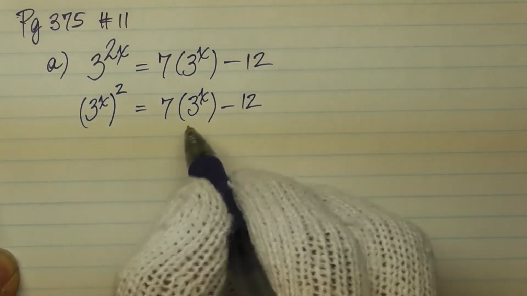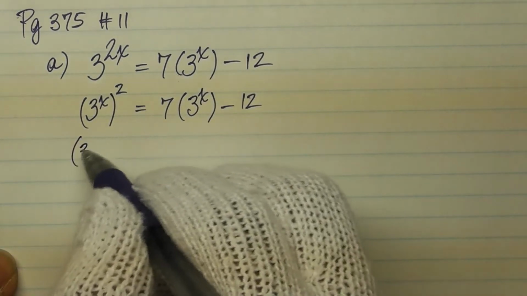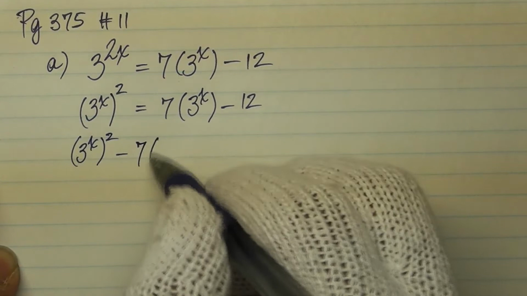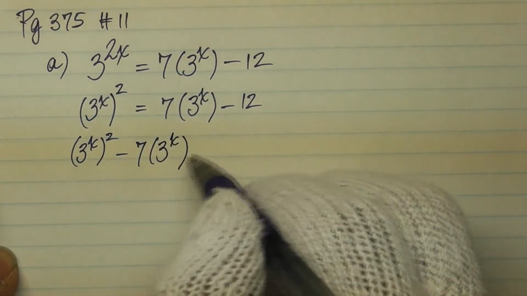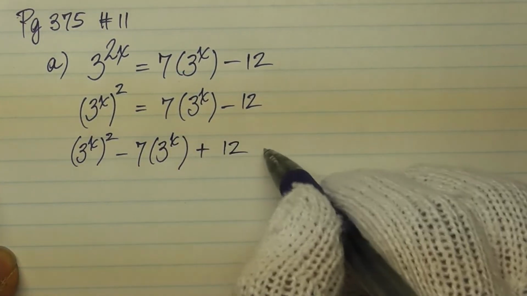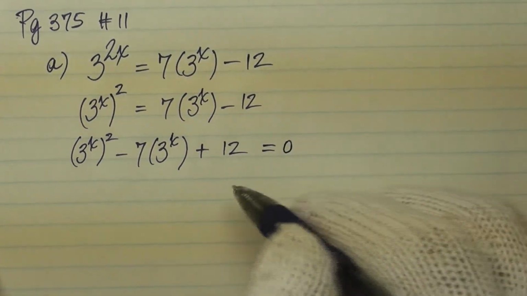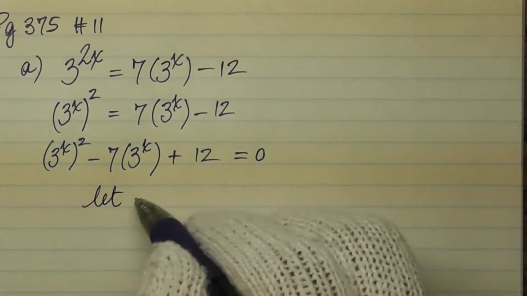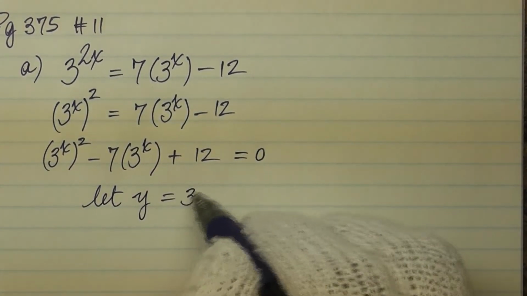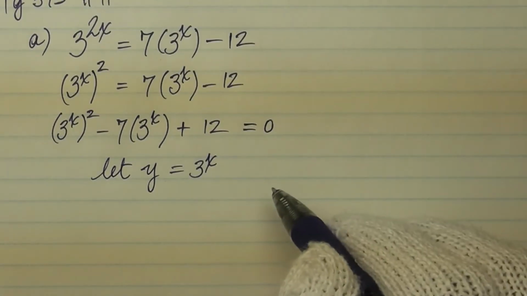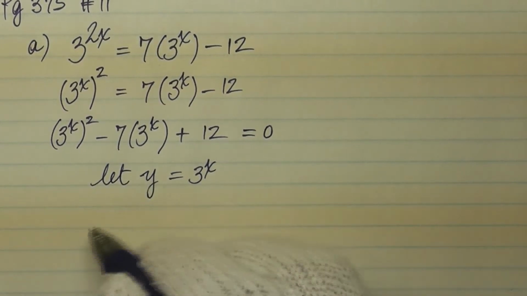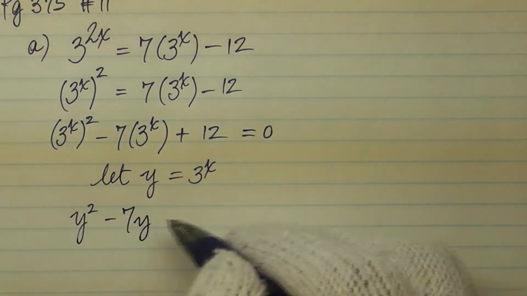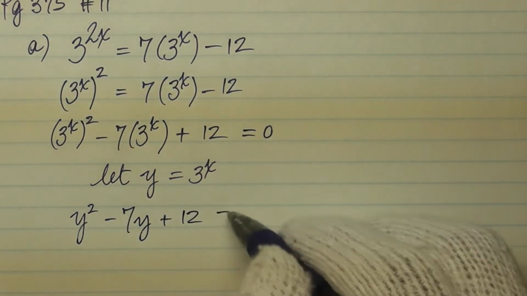I'm going to bring everything to the left side. I'm going to use the substitution here. Now it's going to become y squared minus 7y plus 12.